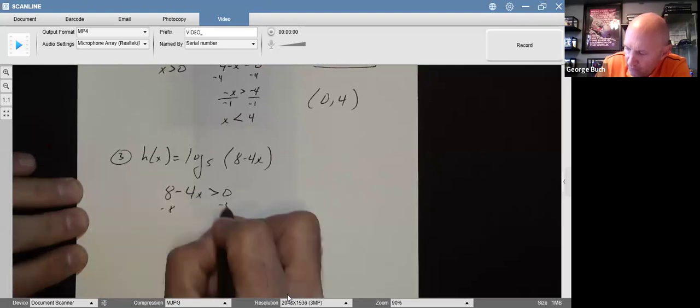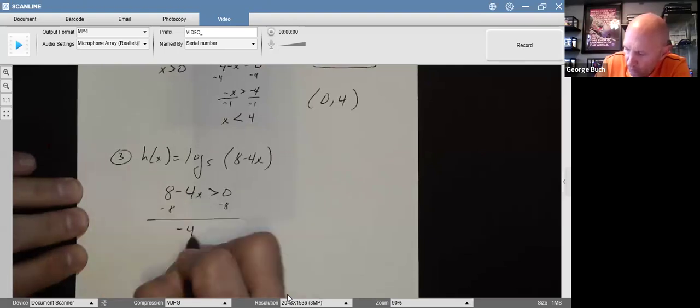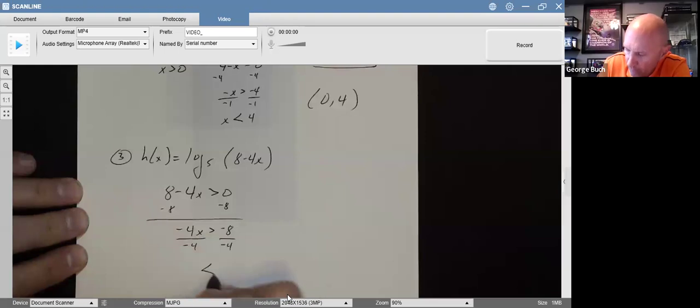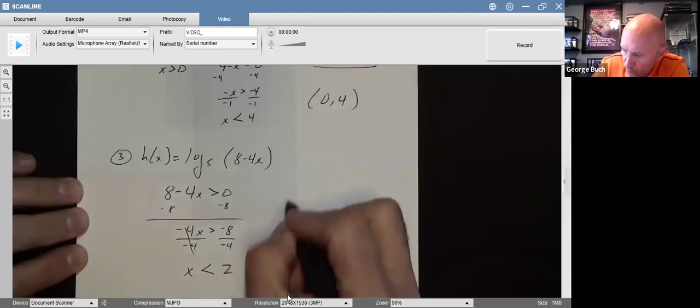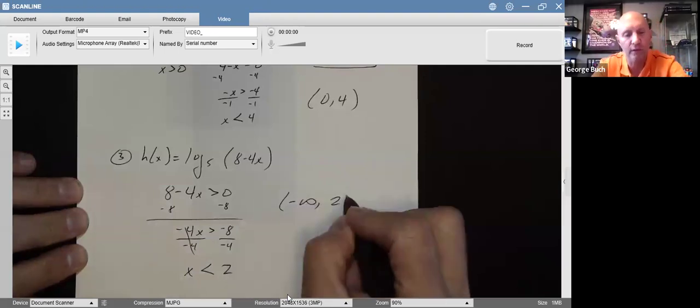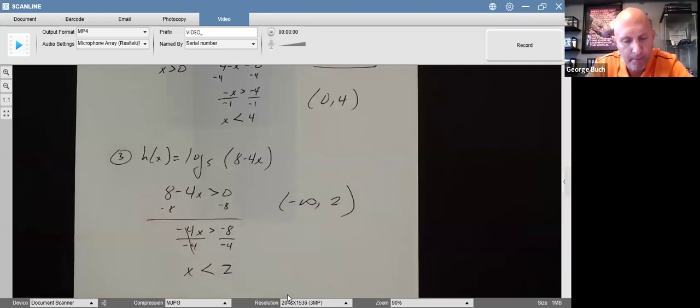So subtract 8, get -4x is greater than -8. Divide by -4, so reverse the inequality. x is less than 2. So that's -infinity to 2, not included because it's strictly less than.